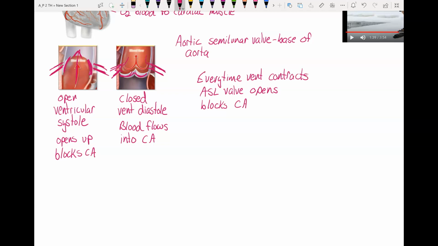And if those arteries are blocked, you are not sending oxygenated blood to your cardiac muscle. So you have an interruption in the flow of oxygenated blood to your cardiac muscle. So you can actually have a heart attack if your heart beats too fast.